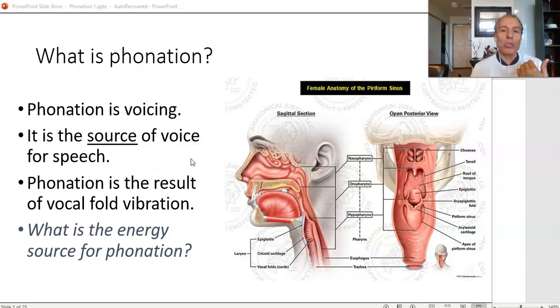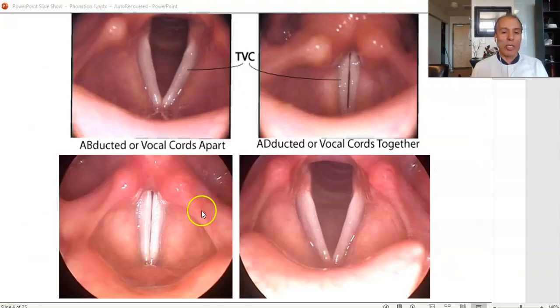Phonation is producing the buzz, and articulation is the shaping of the air as it exits the airway, and that is called speech articulation. So remember, the energy source for phonation is the air that comes from expiration.